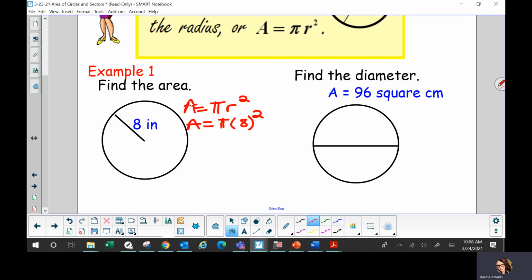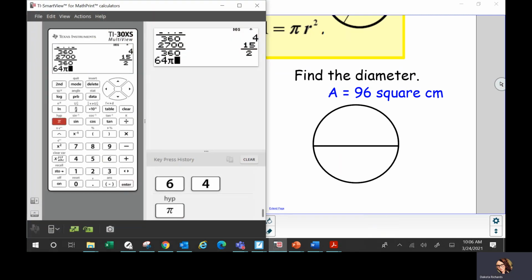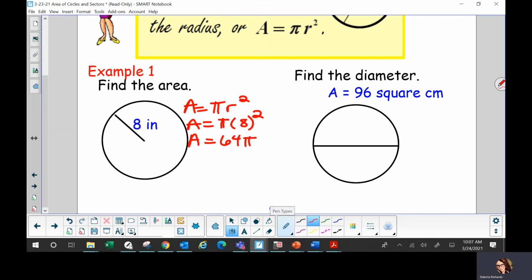When you multiply that out, what do you get? $201.06 square inches. Okay? You can do that, right? You're just plugging into the formula.